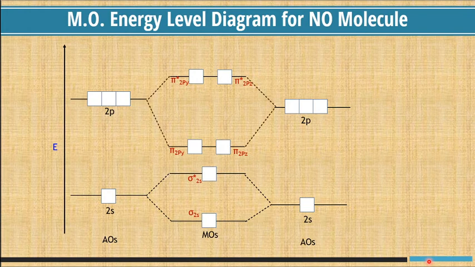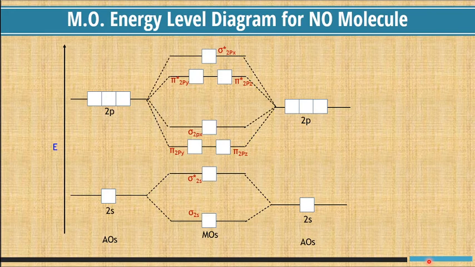Similarly, 2px orbitals of nitrogen and oxygen combine to form sigma 2px bonding and sigma star 2px anti-bonding molecular orbitals. As the energy gap between 2s and 2p orbitals is small, they interact with each other.